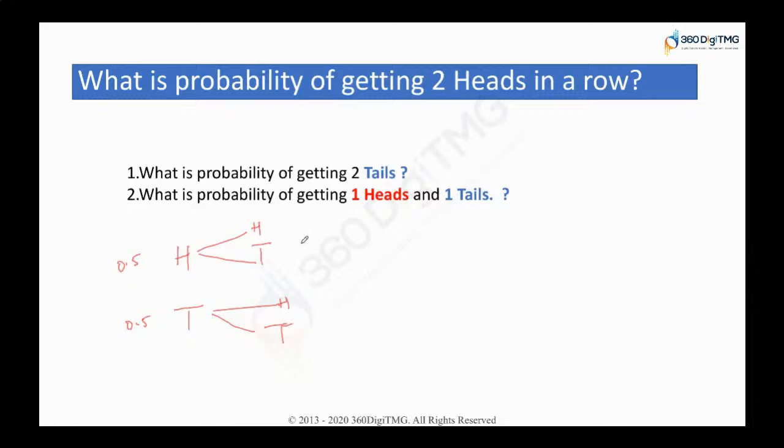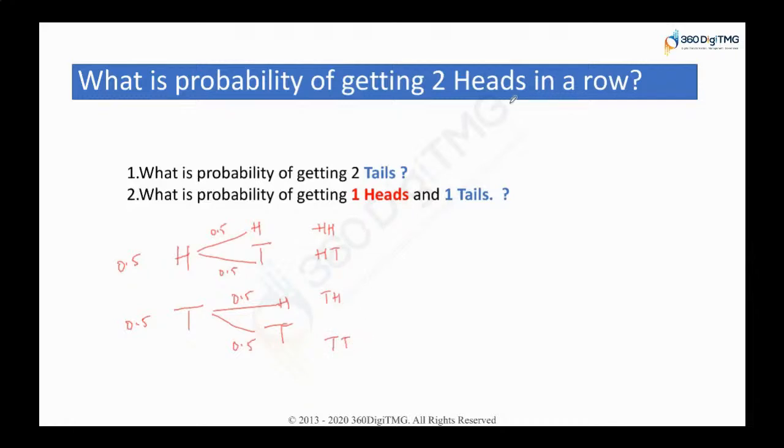So what are the combinations here? Half chance is there, half chance is there. After the second flip, you may get head head, you may get head tail, you may get tail head, you may get tail tail. These are the various outcomes.